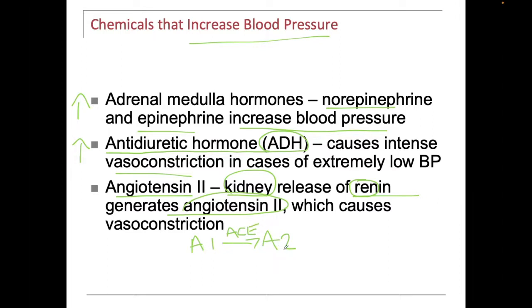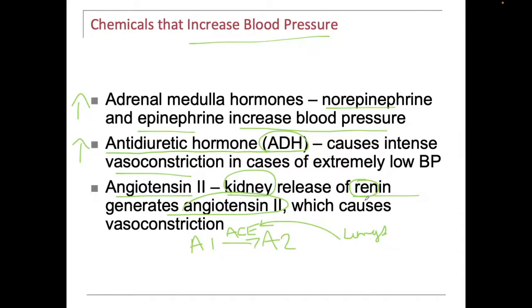So angiotensin 1 gets converted into angiotensin 2 by angiotensin converting enzyme, and that is released by the lungs. So we're talking about blood pressure, and look what's involved. Not just the heart, but you've got the kidneys and you've got the lungs.